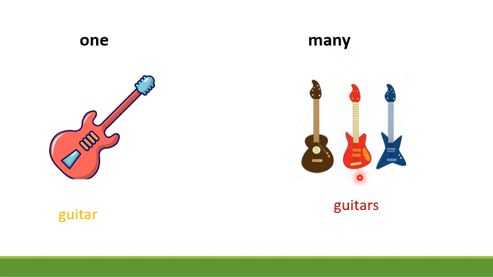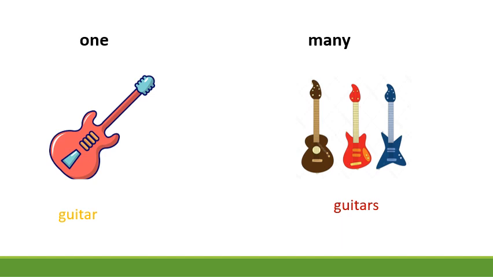So there are guitars. See the spelling of the guitar. G-U-I-T-A-R. Guitar. One guitar. If it is many, we add S to the end of the word. So how will you read it? Guitars. G-U-I-T-A-R-S. Guitars.